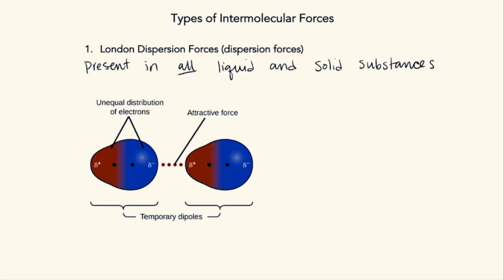The strength of them will vary depending on substances, and we'll talk about how that is. The reason that they're present in everything is because it really just depends on the random movement of electrons in a molecule. Every molecule has electrons, and those electrons are constantly moving.